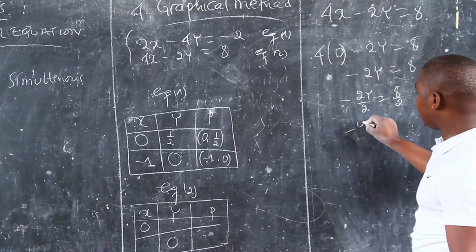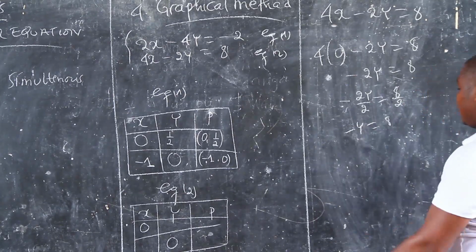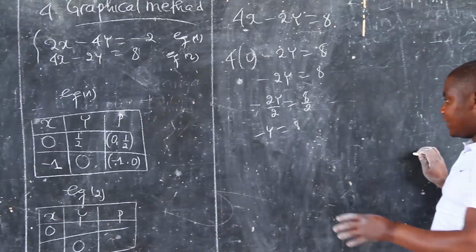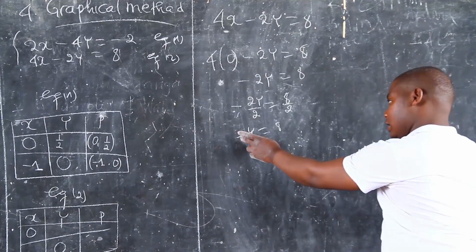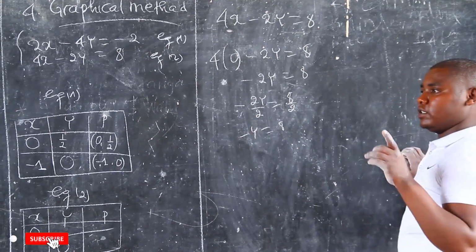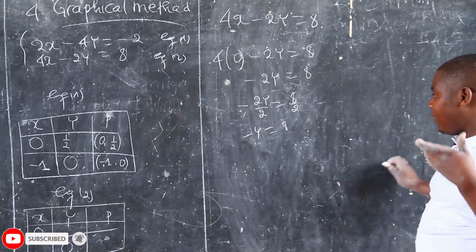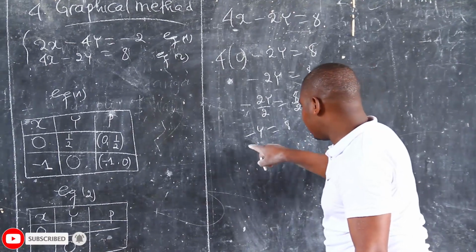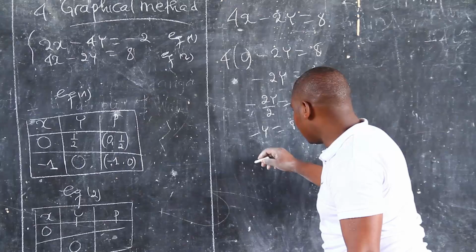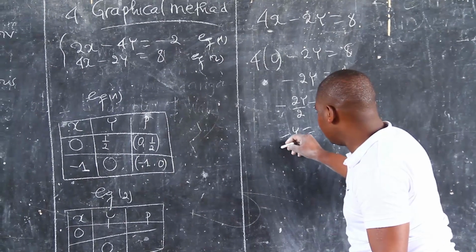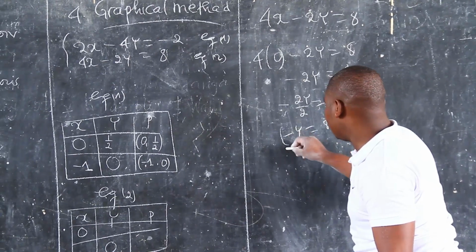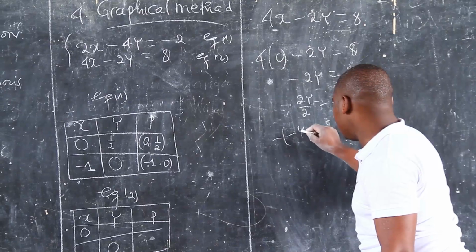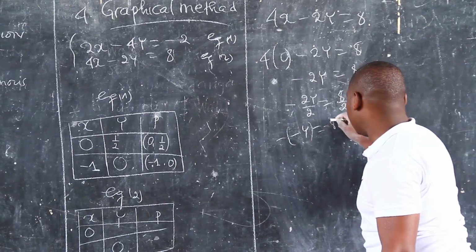Then equal to 8. There is no number that can get negative if it is a variable. I change y, I multiply both sides by negative. I put negative on this side and the negative on that side.